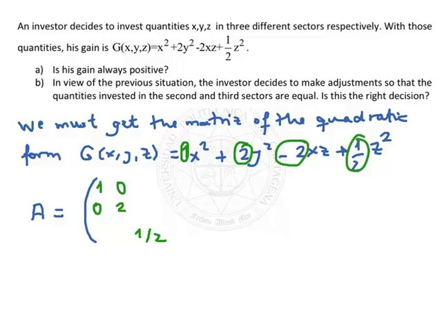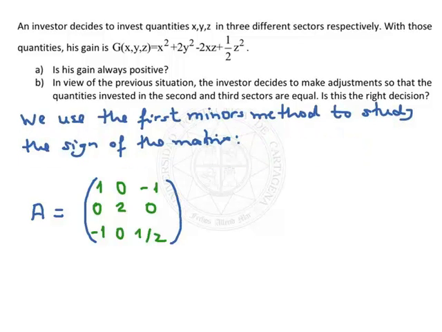The minus 2 of the x times z must be divided by 2 and allocated in the position stated. We must use the minors method to study the sign of the matrix.